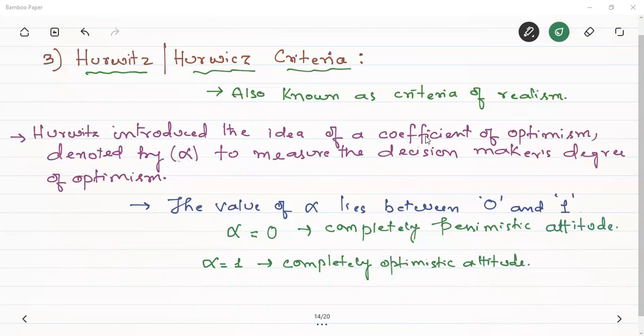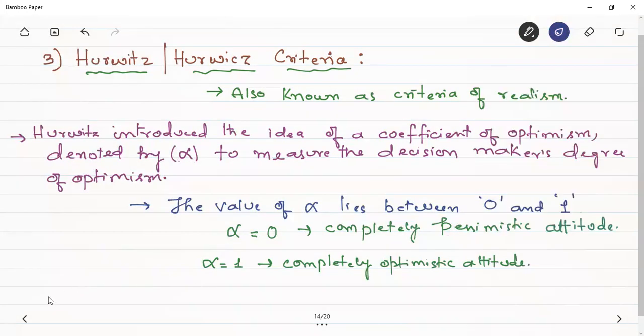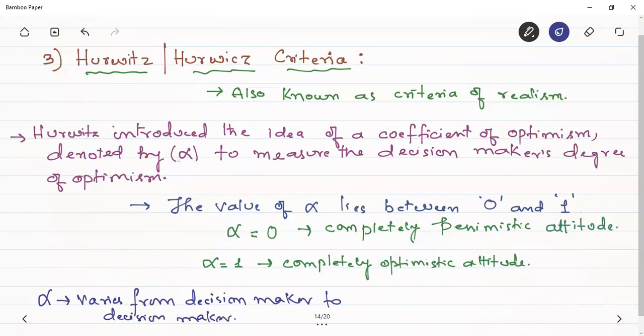Now this alpha varies from decision maker to decision maker, because different decision makers will have different attitudes towards a decision problem. Some might be more optimistic, some might be more pessimistic. Therefore it depends upon the decision maker.